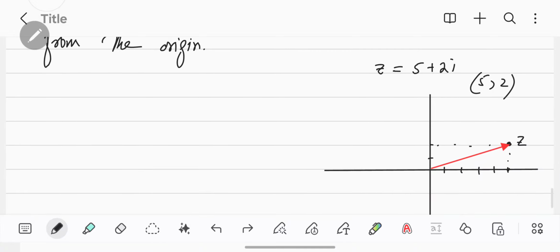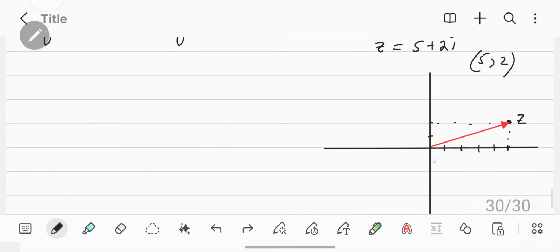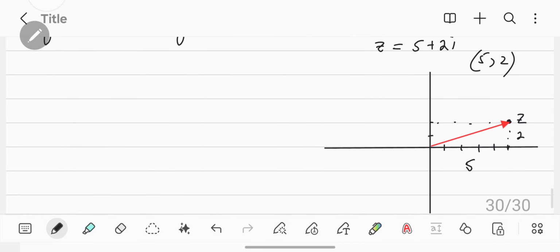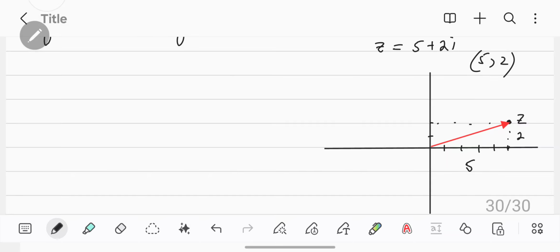So how can I find the magnitude of this vector? In this case, because this length is 5 and this length is 2, we can use the Pythagoras theorem to find this distance. Pythagoras theorem says the square of this distance is equal to the sum of the squares of the other two sides. If this length, which I don't know, is x, then the square of this length is equal to the sum of two squares.